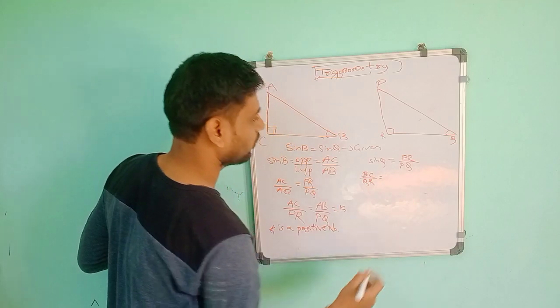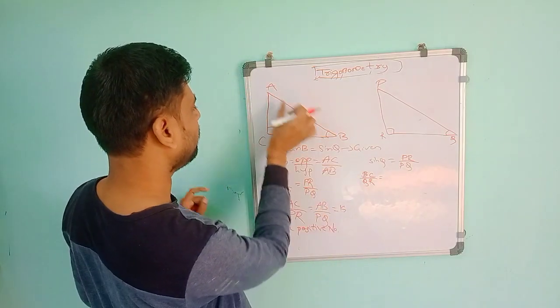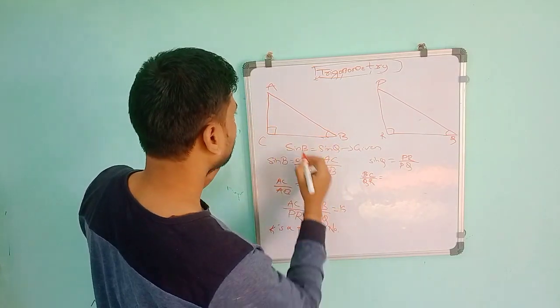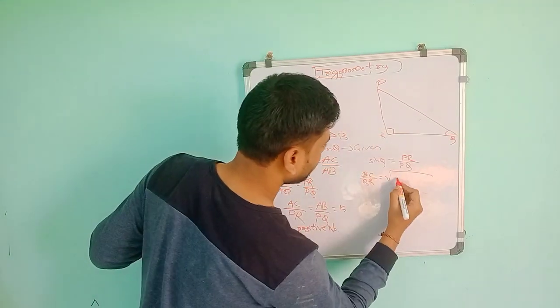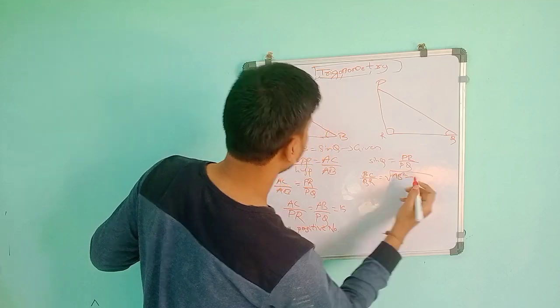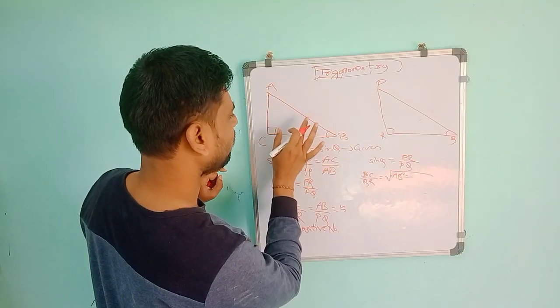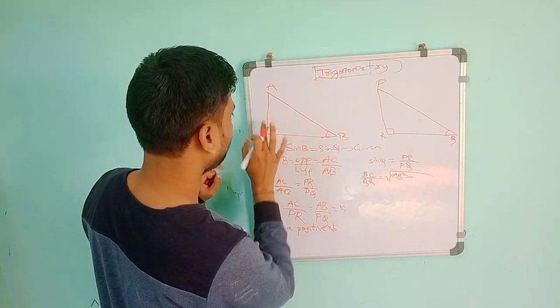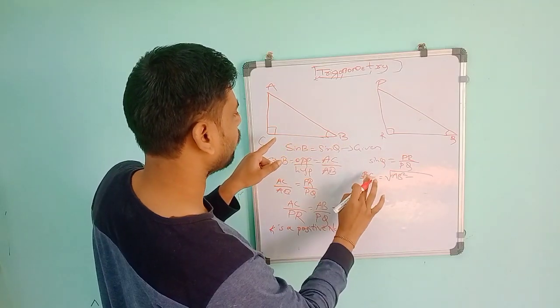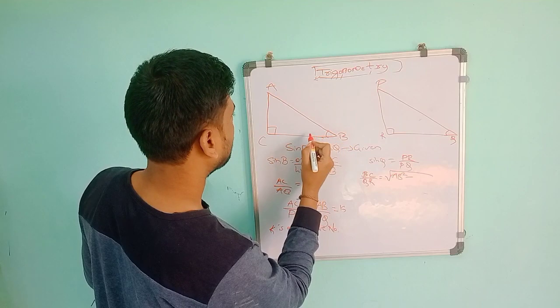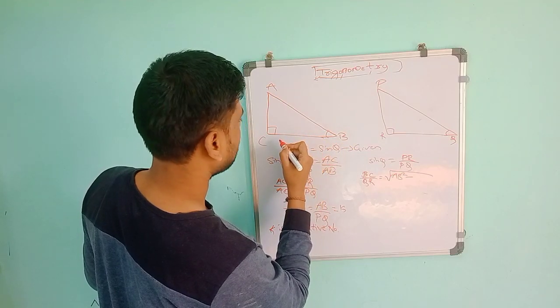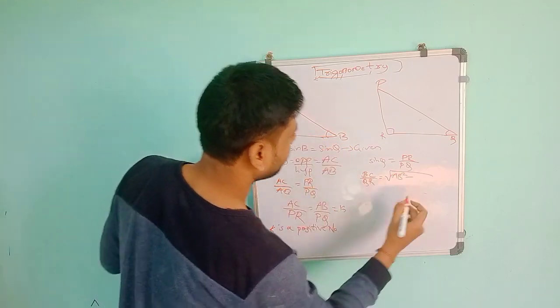BC is the square root of AB square minus AC square.